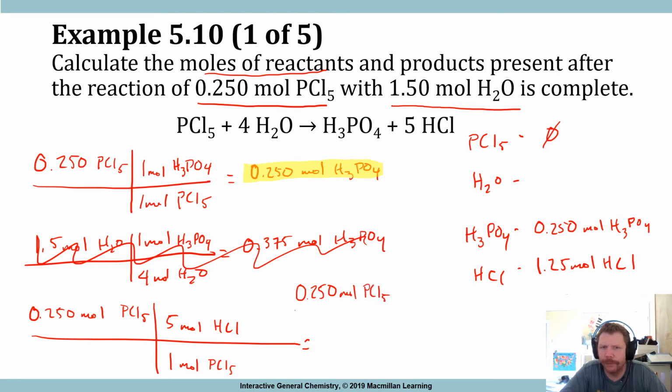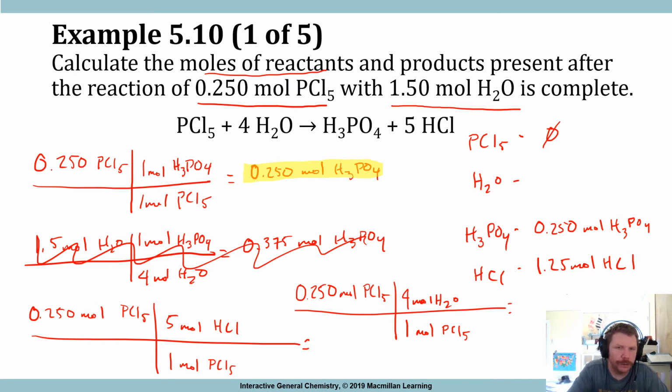0.250 moles PCl5. Now what we need to do is relate one reactant to the other reactant. We know that if we have 1 mole of PCl5, we will need to use 4 moles of H2O. Do we have 4 moles of H2O? We don't. But do we really care about that? No, because what we're trying to figure out is how much H2O is used.